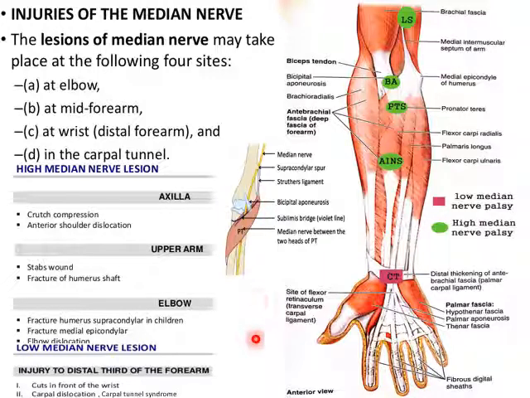And when we come to the low median nerve lesions, they usually occur at the distal third of the arm or in the carpal tunnel.